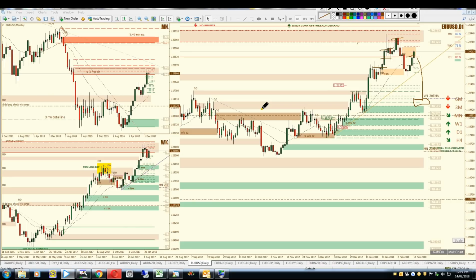Or some news will come out saying this hedge fund is saying that the euro is going to go up and they're looking to buy. Of course, they've been buying down here. That's what they're buying. So now they're taking profits. Down here they didn't tell the world that they were buying. They tell the world that they're buying when price is up here.